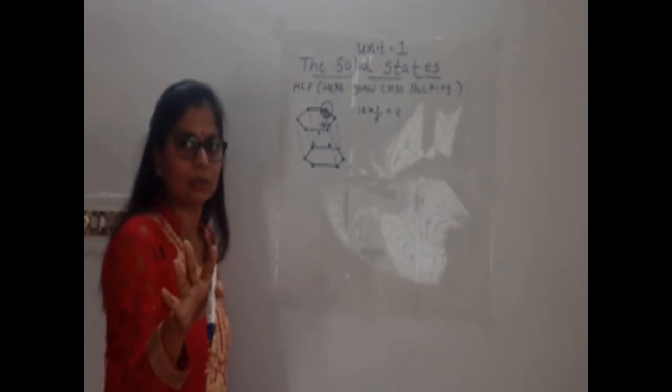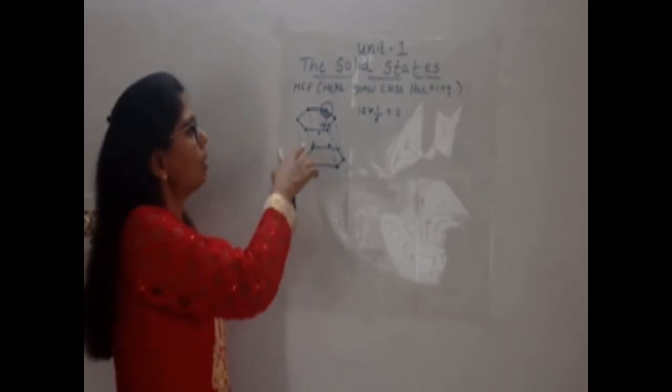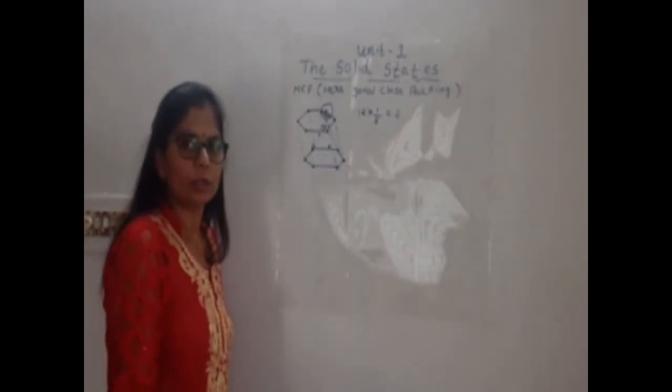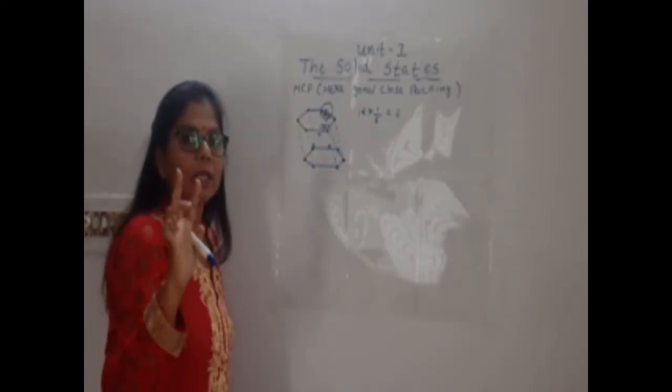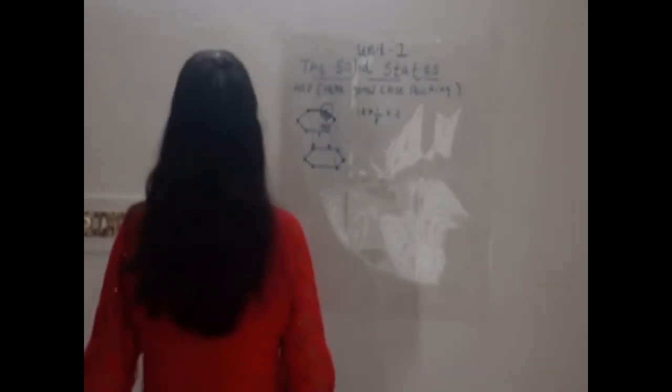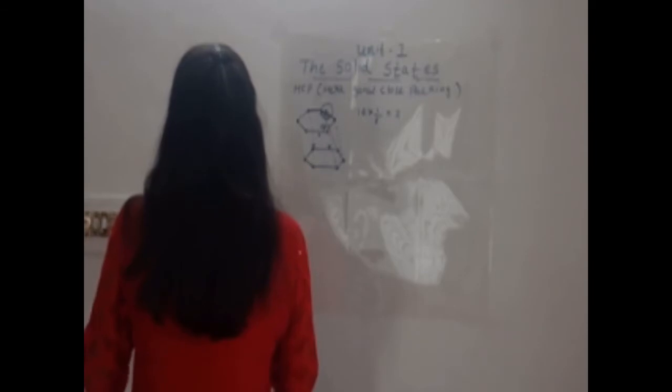That is why it is known as the body center. So here the 6 are on the top layer, 6 are on the bottom layer, and the 3 units are exactly on the center, which forms the sandwich.